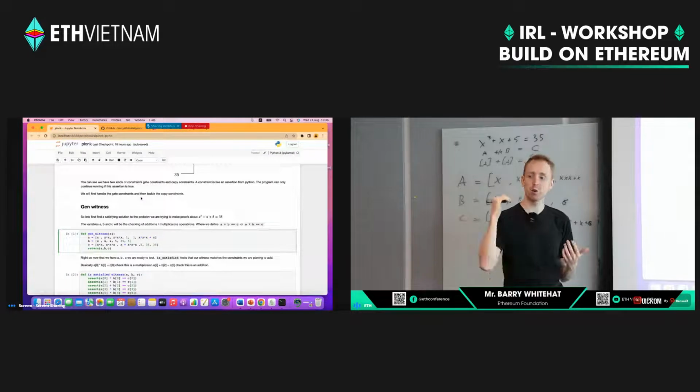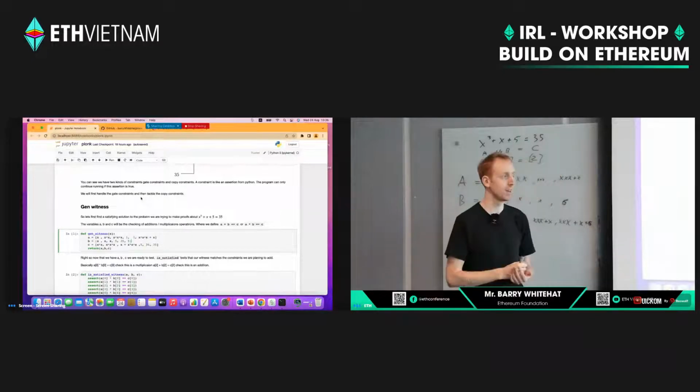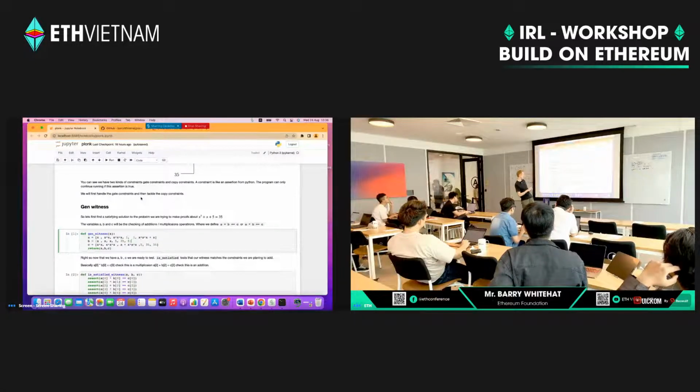We're just listing every single thing from the most basic thing. And that includes doing things that you imagine you don't need to do, like 5 equals 5. So we're doing 5 equals 5. We're doing 35 equals 35. And then we're doing x cubed plus x plus 5 is 35.